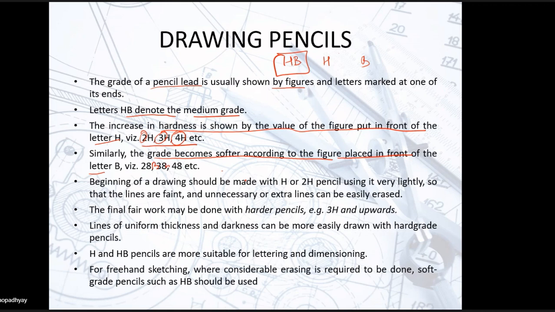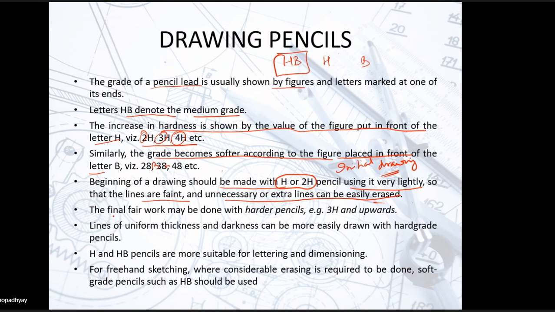The beginning of a drawing should be made with an H or 2H pencil, using it very lightly. So the lines should be faint. The initial drawing should be faint and should be started with an H or 2H pencil, so that if you rub or erase something, there won't be deep markings. Unnecessary or extra lines can be easily erased later on.